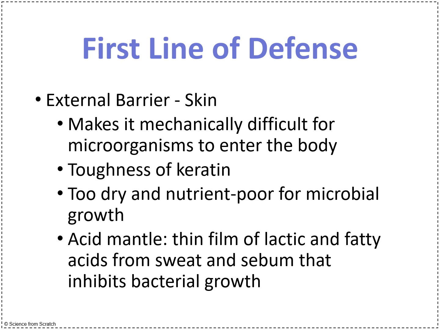The skin forms an external barrier. It is made of a stratified squamous epithelium, so it's a very thick epithelial tissue, and those cells are tightly packed together. So it's mechanically difficult for any microorganism to enter into the body.